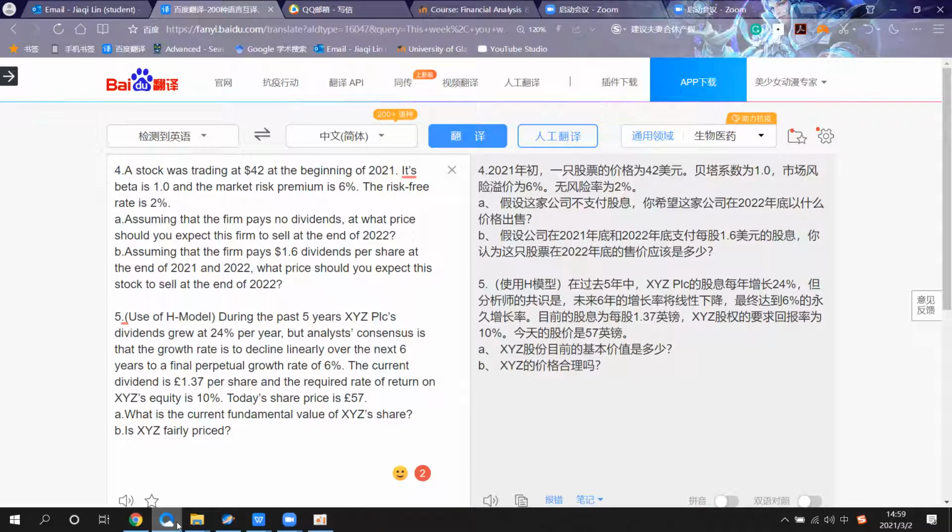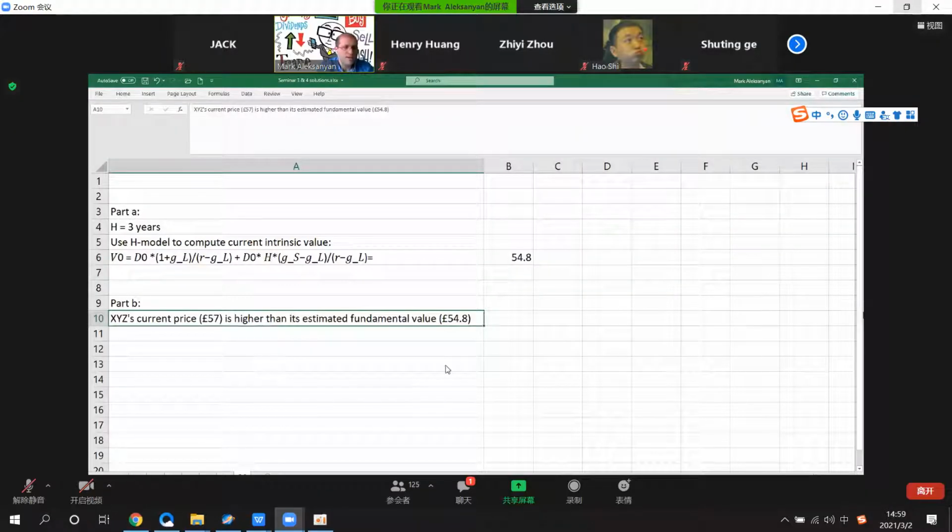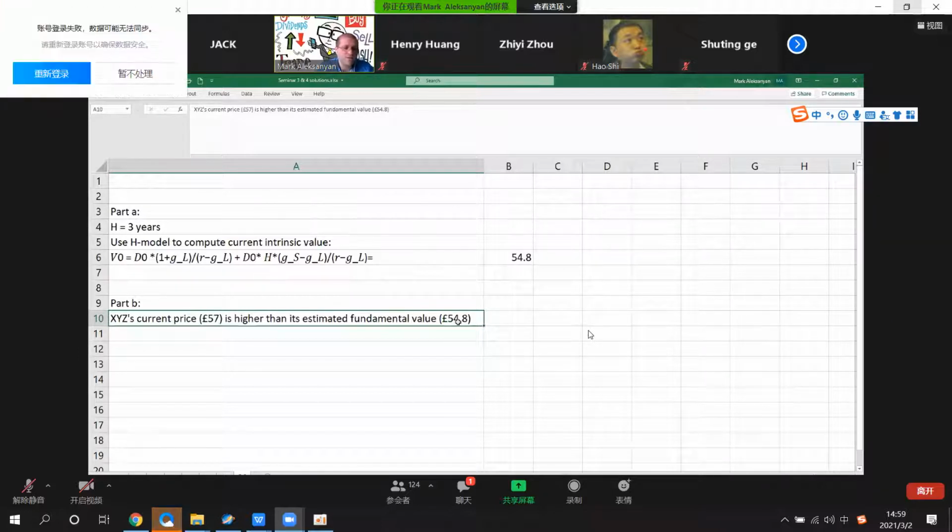I'm just correcting the answer to reflect the numbers. So the answer should be that XYZ's current price, 57, is higher than its estimated fundamental value of 54. So if you are generating an investment recommendation, your recommendation should be sell, because the company's intrinsic value is lower than its current price.